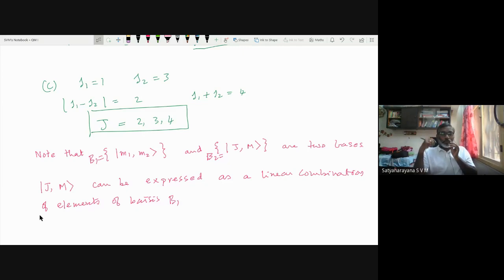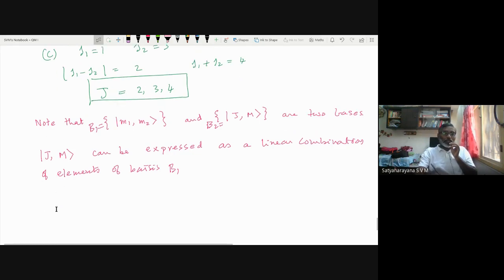That is possible, right? Okay, and the coefficients of such an expansion are called Clebsch Gordon coefficients.